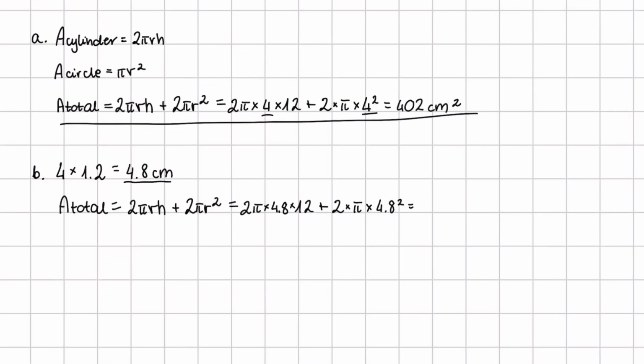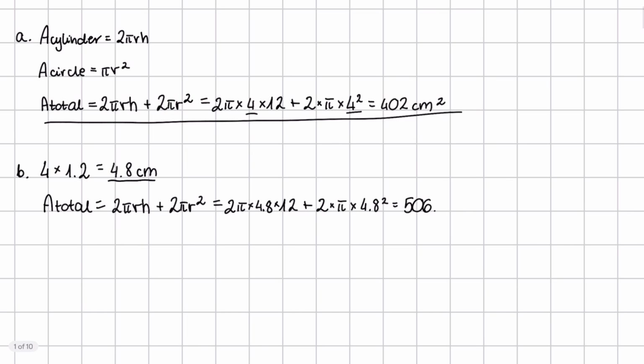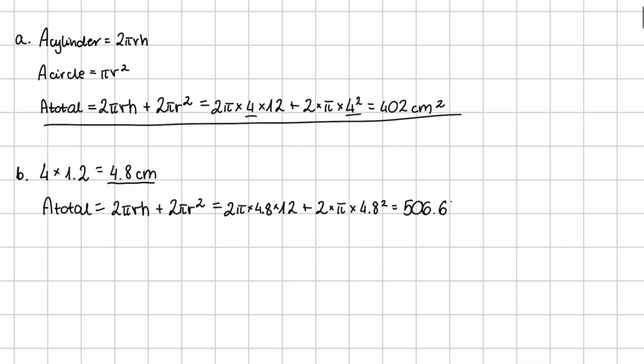So our new value of the total surface area is 506, and we can leave some digits after the point, so 506.676 centimeters squared. And now we have to calculate the percentage increase.